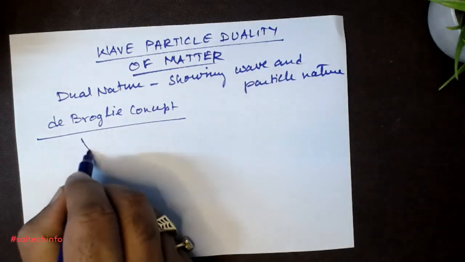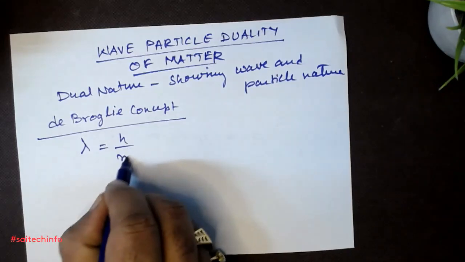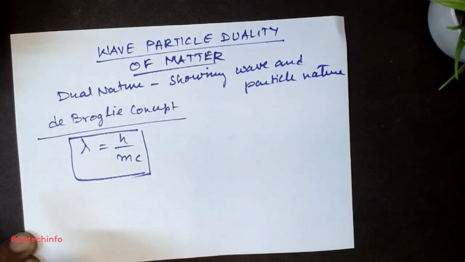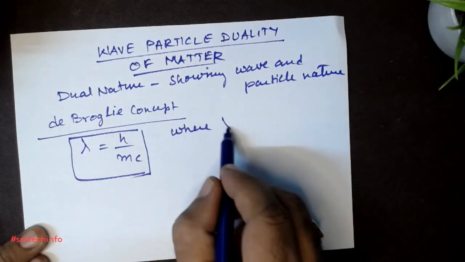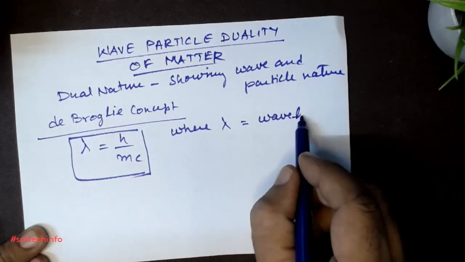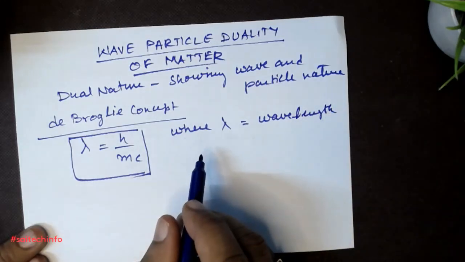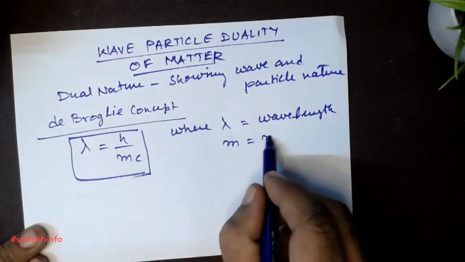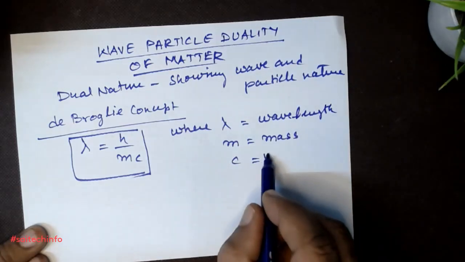He was able to arrive at this equation, lambda is equal to h by mc. So this is the de Broglie equation where lambda is the wavelength of electron, m is the mass of electron, c is the velocity of light.